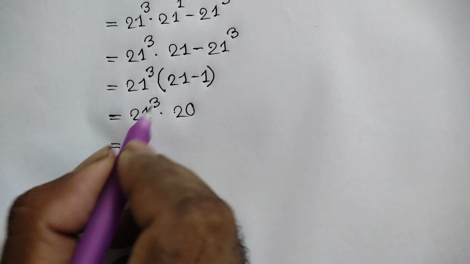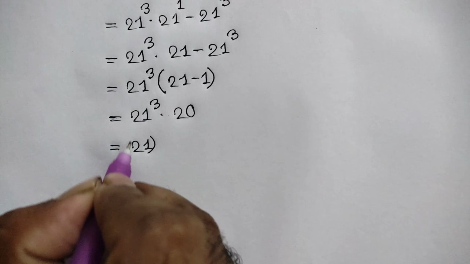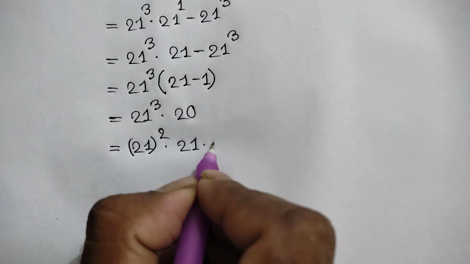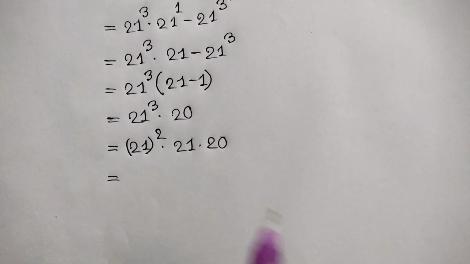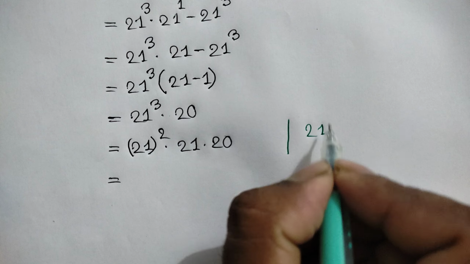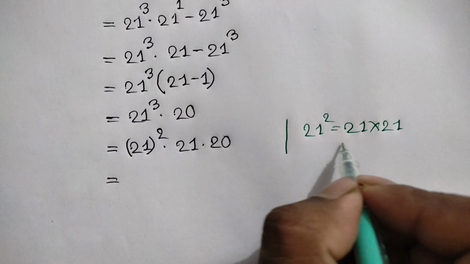Now 21 to the power 3 can be written as 21 squared times 21, times 20. Now 21 squared means 21 times 21.